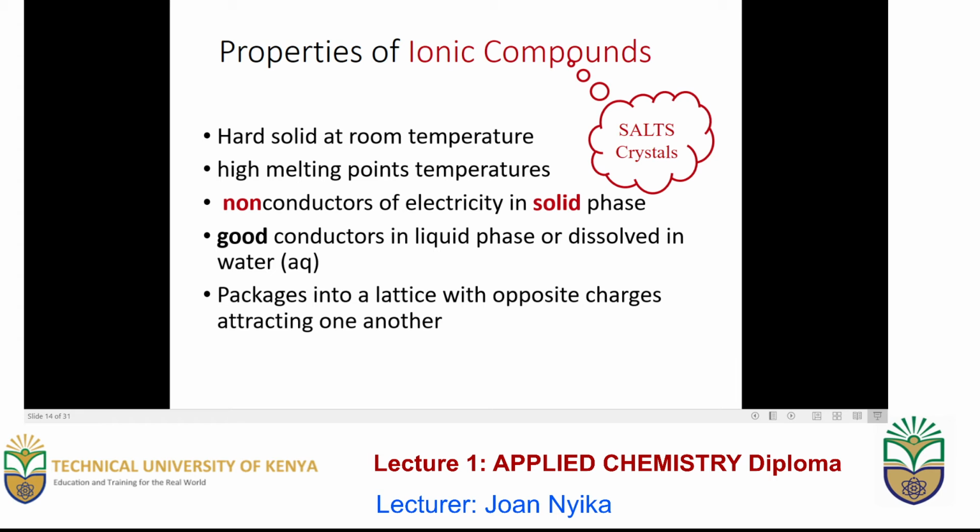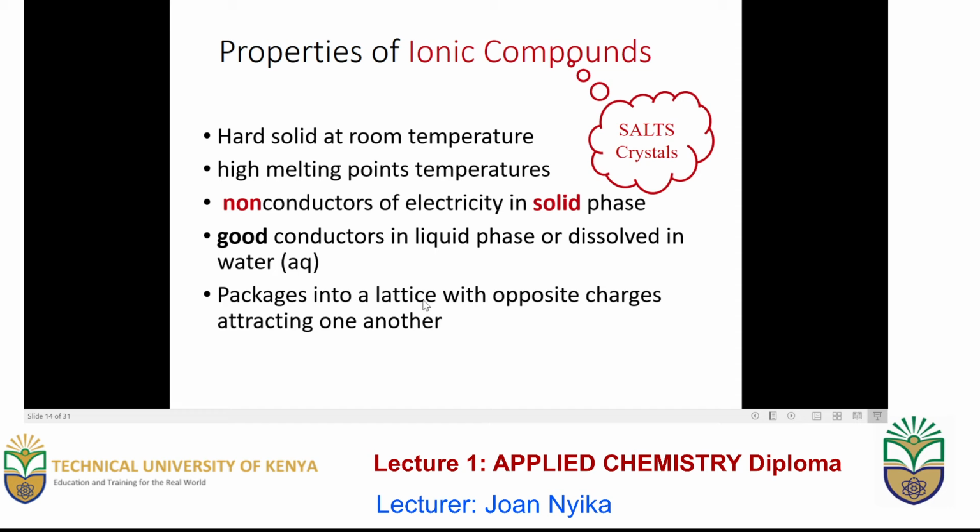However, they are good conductors in their liquid state or once dissolved in water, what we call the aqueous form, simply referred to as AQ. In their aqueous form, ionic compounds are good conductors of electricity, that is, once dissolved in water.